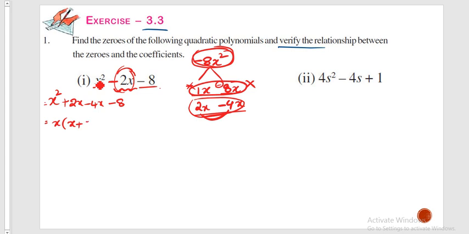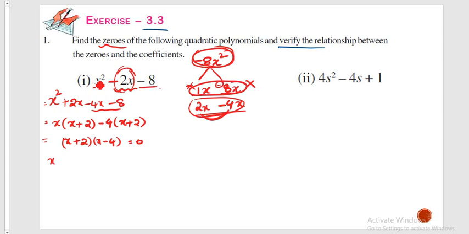So from this, what I am going to get? x plus 2. If I take minus 4 as common from the remaining two terms, I am going to get again x plus 2. So from these two terms, I can take x plus 2 as common. Then what I am going to get? x minus 4. Since what I need to find? I need to find the zeros. So I need to make this equal to 0.